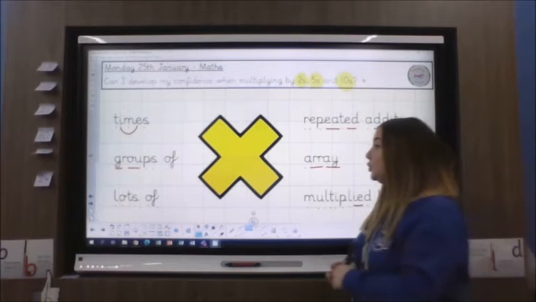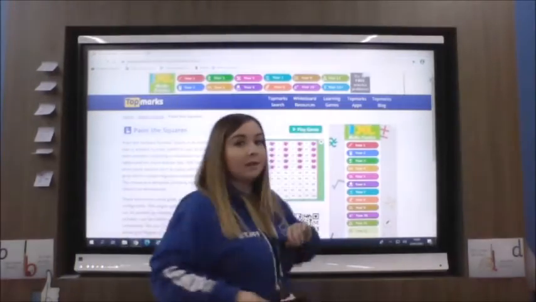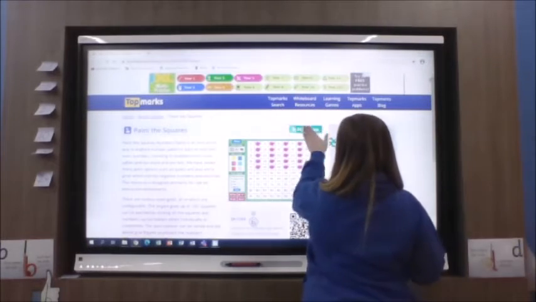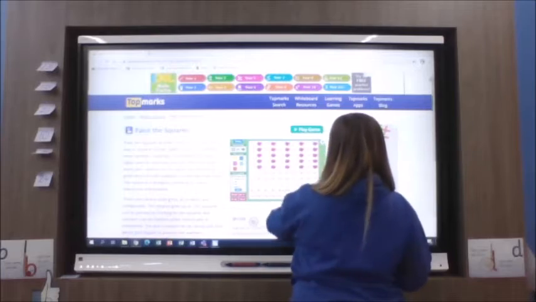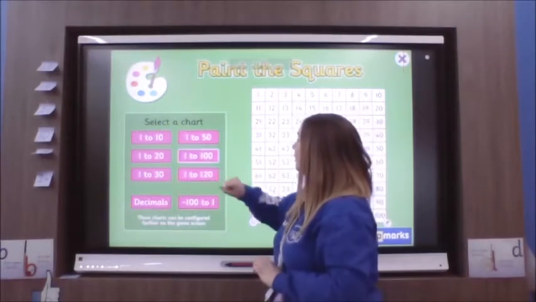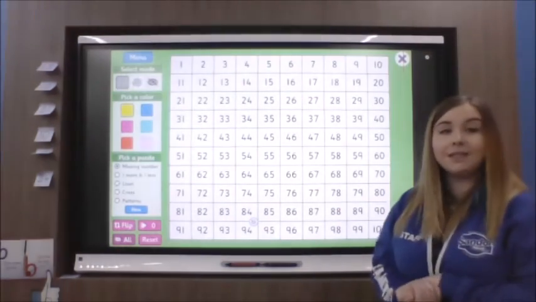Okay, so to get started today, we're going to play our Splat game, and you know I love playing the Splat game. Okay, so let's see if we can get it open. There we go. So we're going to start by splatting our 2 times tables.